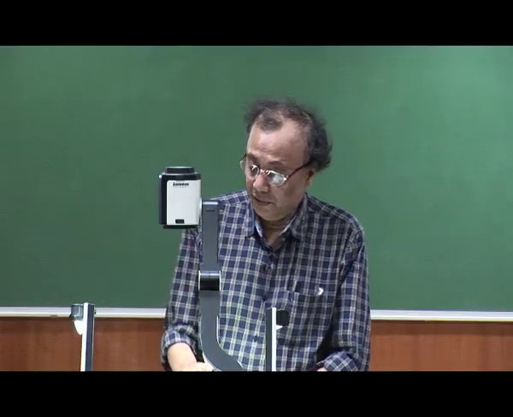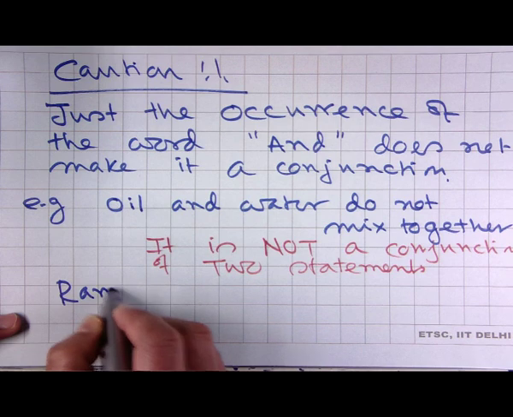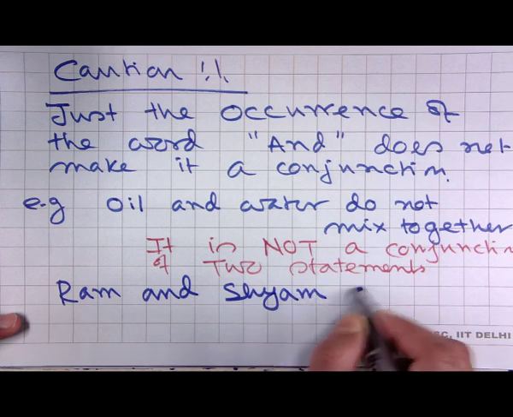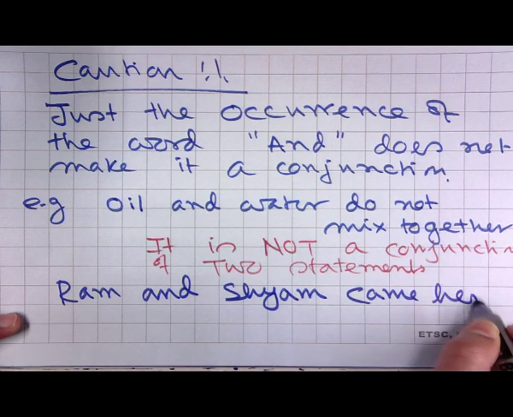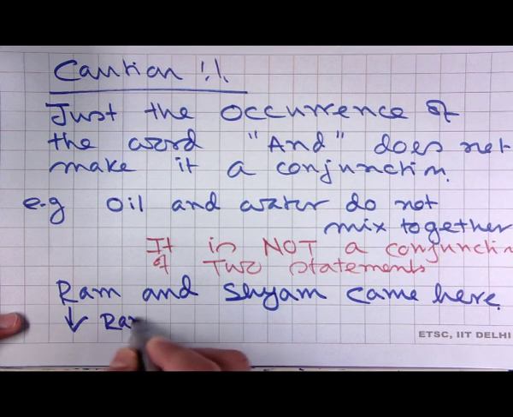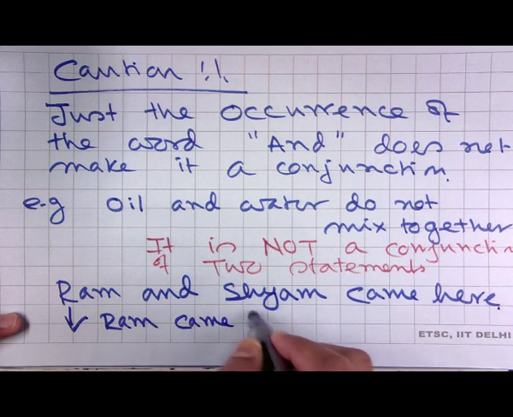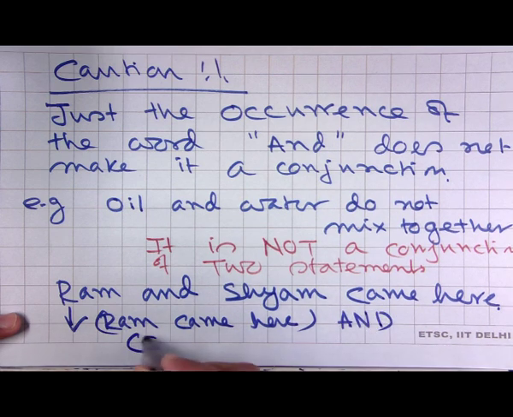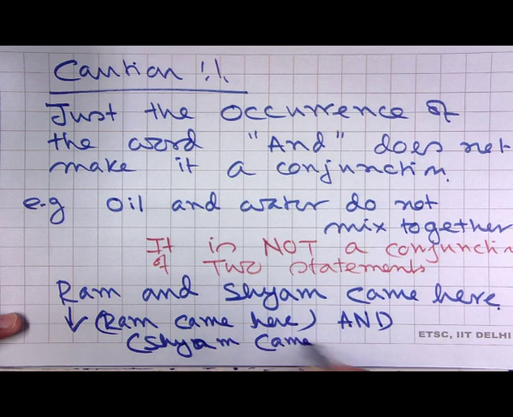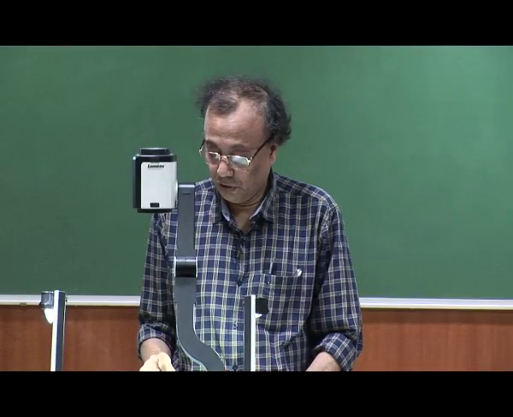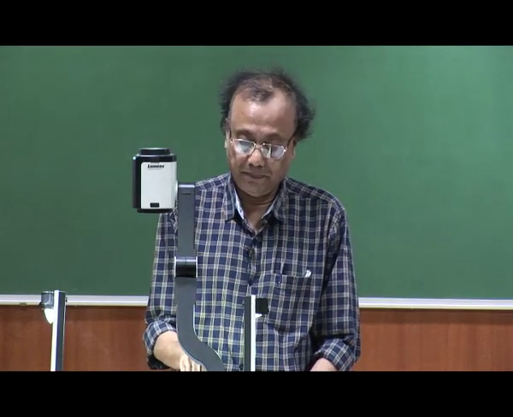But say Ram and Shyam came here. We can split it as Ram came here and Shyam came here, and thereby we get a conjunction of two individual statements.